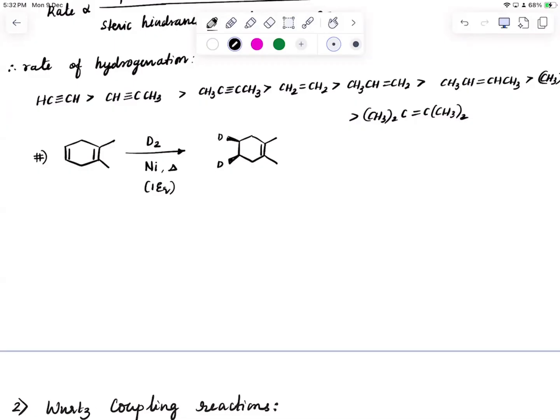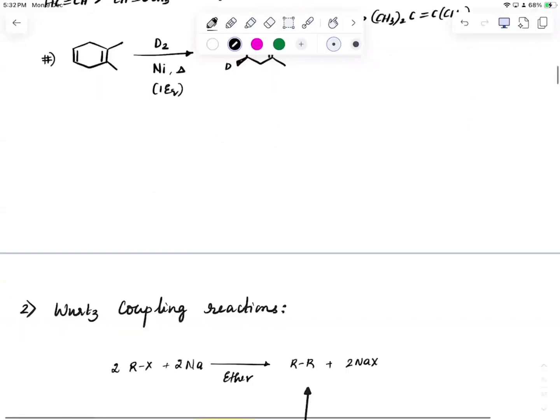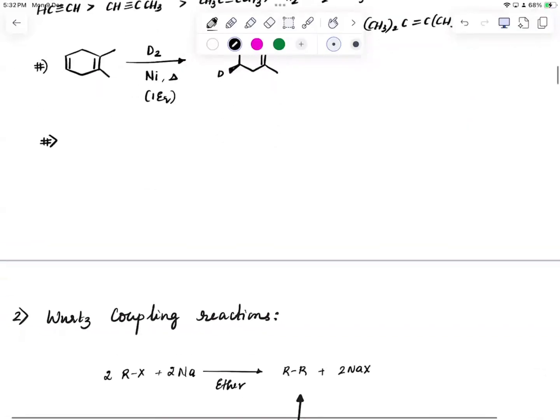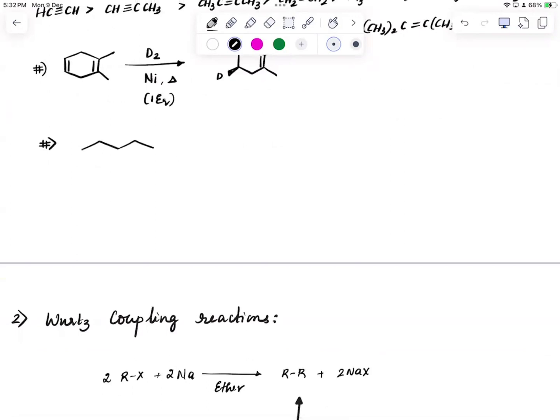Right. Next. A double bond here, a triple bond here, correct? So if I add deuterium here, D2 and nickel, first of only one equivalent, then obviously, sorry, two equivalents.